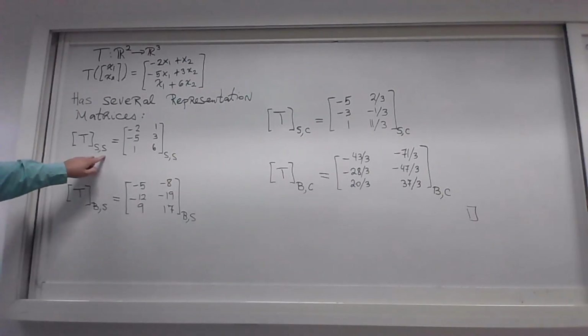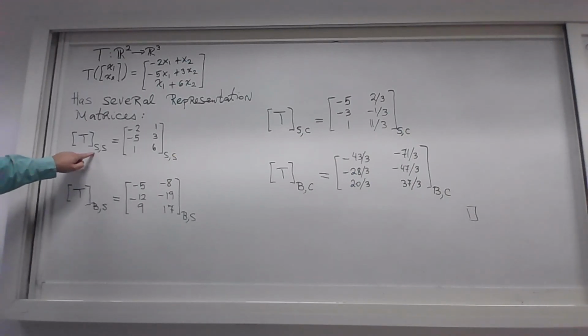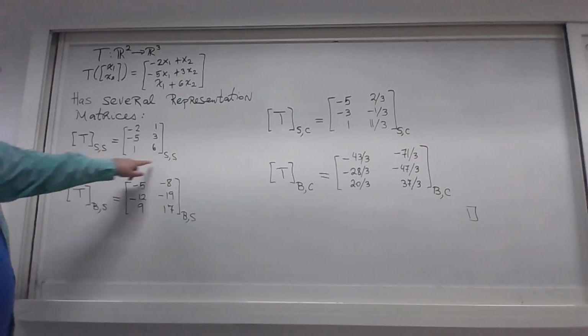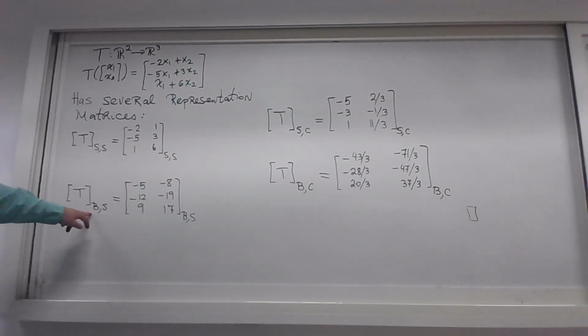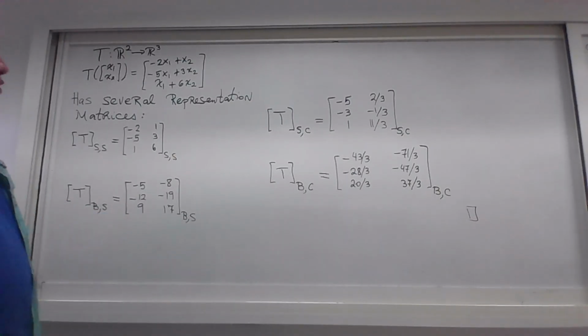So the standard representation matrix, where the standard basis is chosen for the inputs and the outputs, is given here, and then the representation matrix BS for the inputs given in coordinates of basis B, and the outputs are given in the standard basis. It's given here, we already computed it.